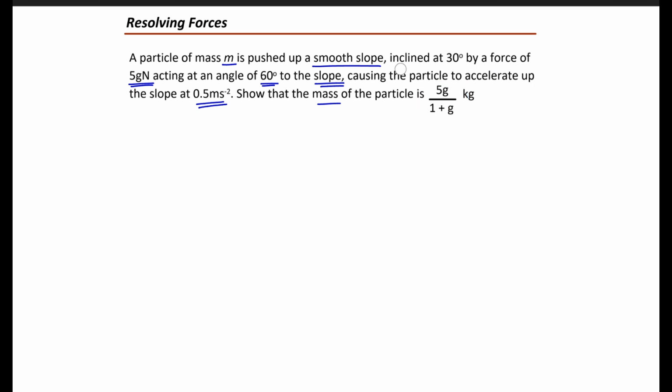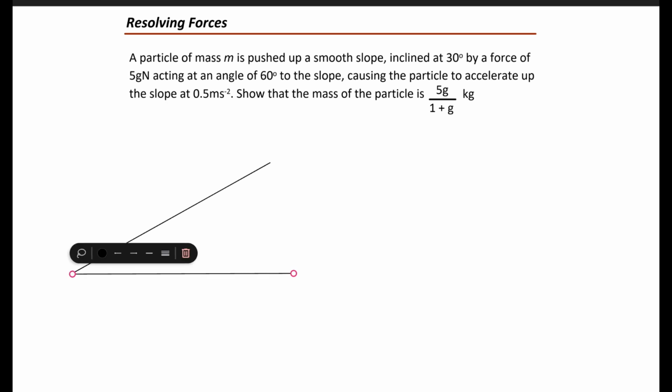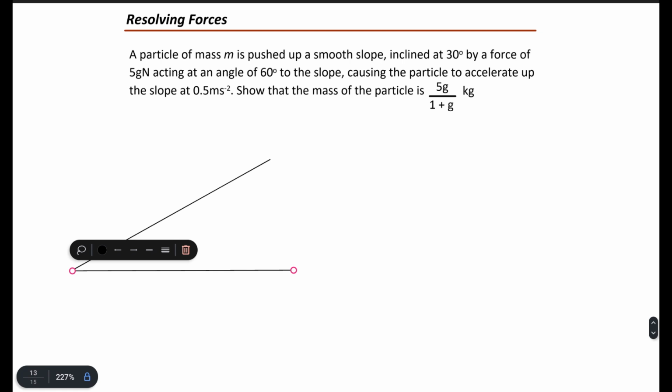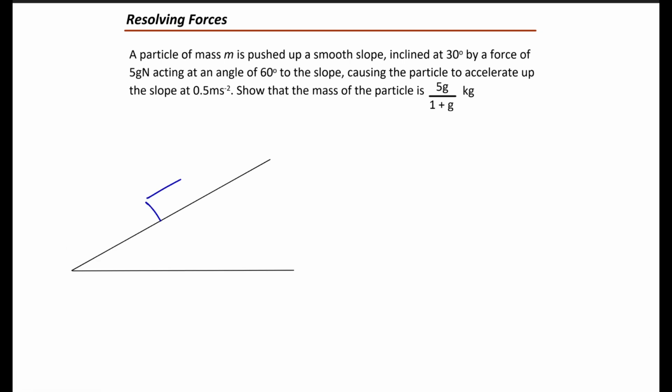So first thing we want to do is just draw the diagram out. We know obviously we have a slope, so let's draw that here. And then we're going to label what we know about the slope here. We know that we have a particle, so usually we just draw this as a box, and then we've got mg. Now we don't know the actual mass, so we're just going to leave it as mg.